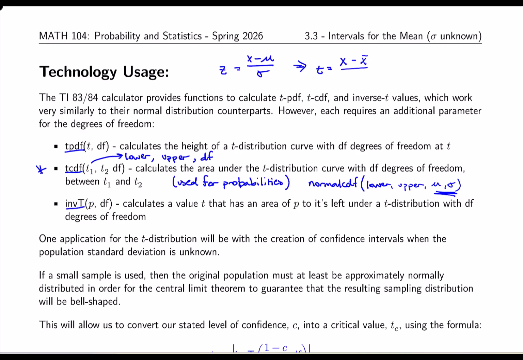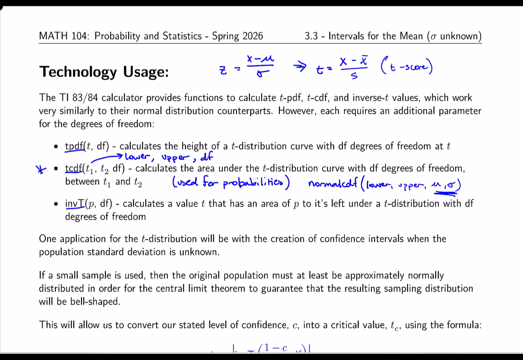And we don't know the value of the population standard deviation, so we use the sample standard deviation instead. And so this we call a t-score. It's the same concept as a z-score, so there's not really a need to memorize or write down a new formula just for this. It's the same thing, just one we would use for t-distributions and the other we would use for normal distributions.